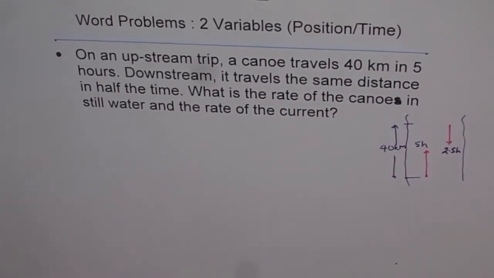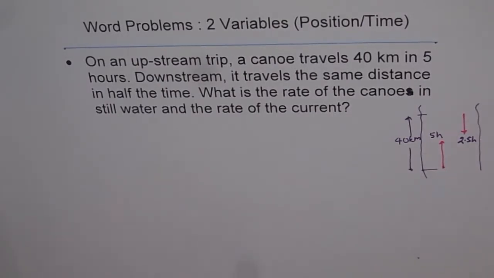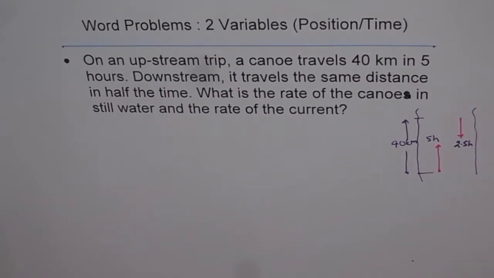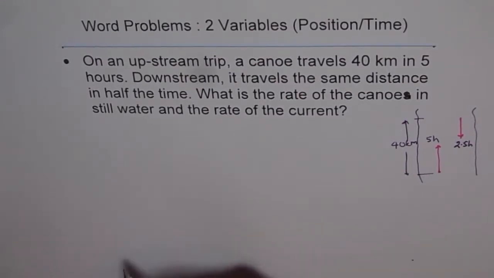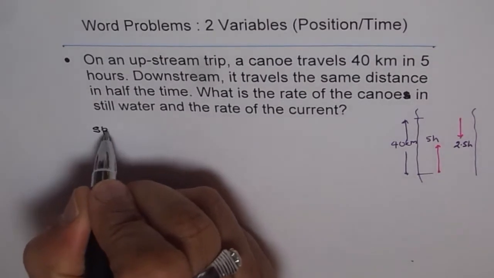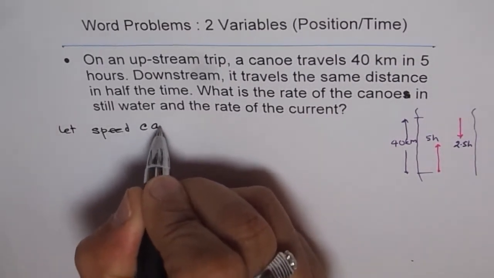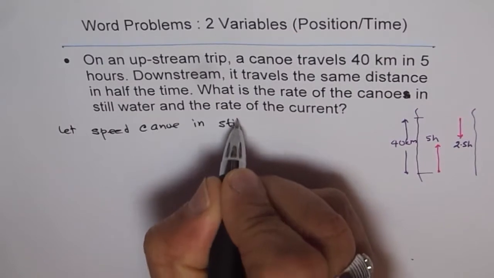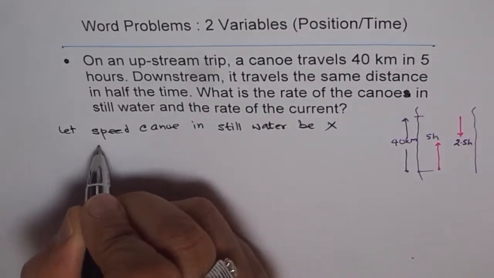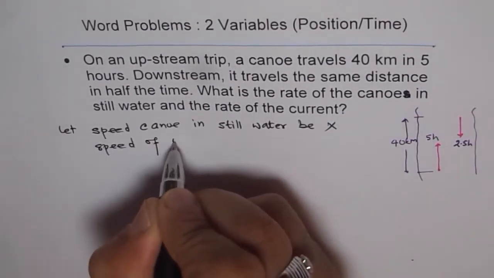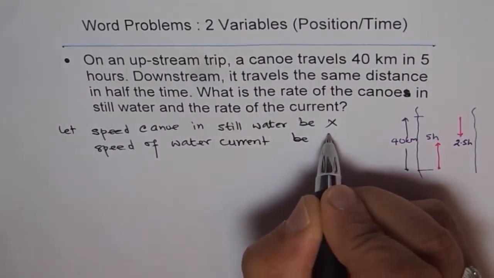So let us say that let speed of canoe in still water be x and speed of water current be, let's say w.